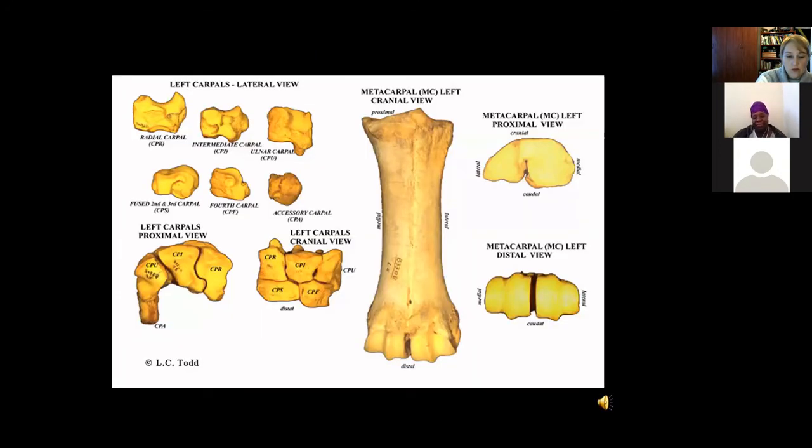The metacarpal is a very distinctive bone because of its high density. The metacarpal and the metatarsal we find very often in the archaeological record. Now look at the bottom part of that bone, the distal part. You can see two distinct articulation facets.